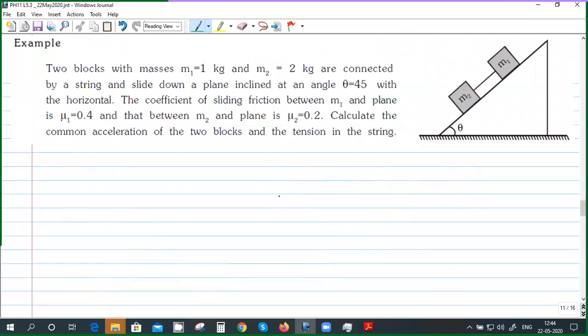Let us do this problem. Two blocks, connected by a string, slide on the plane. Theta is 45. The coefficient of sliding friction between block 1 and the plane is 0.4, and between block 2 and the plane is 0.2. This is very simple, no?